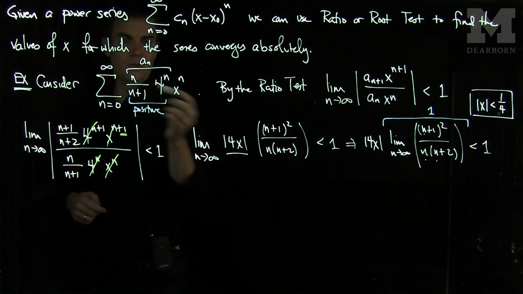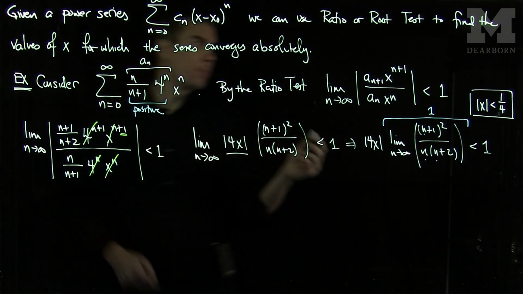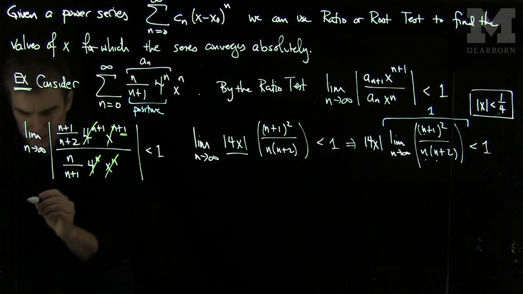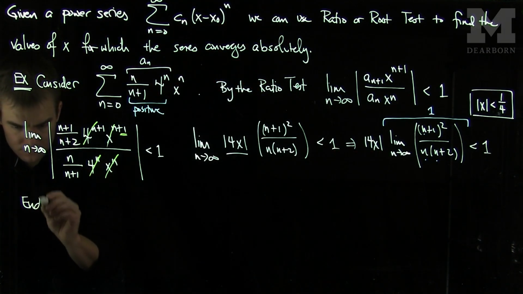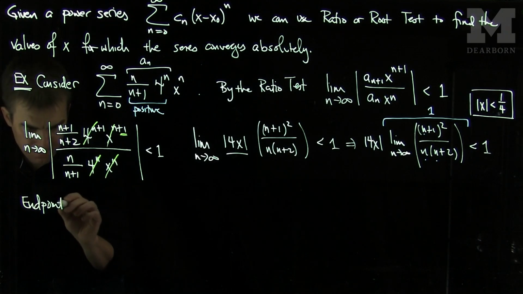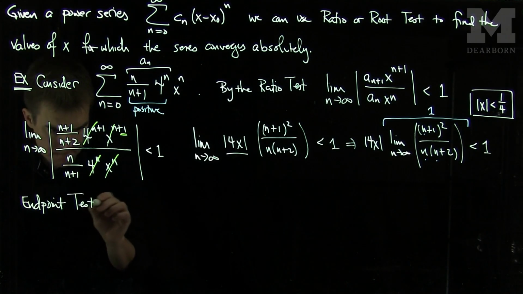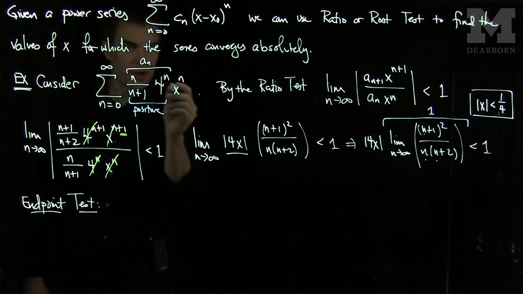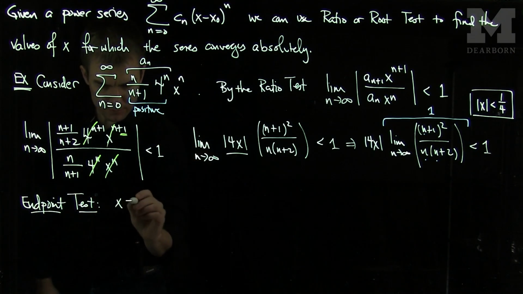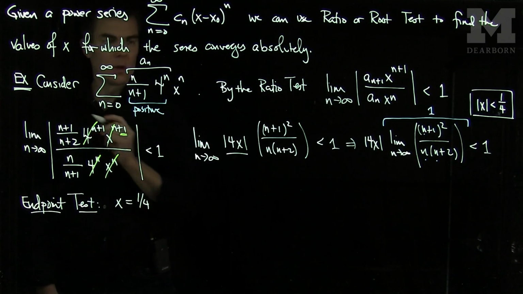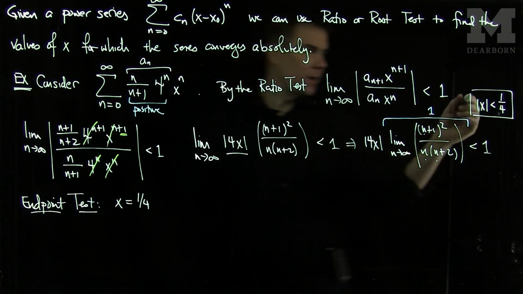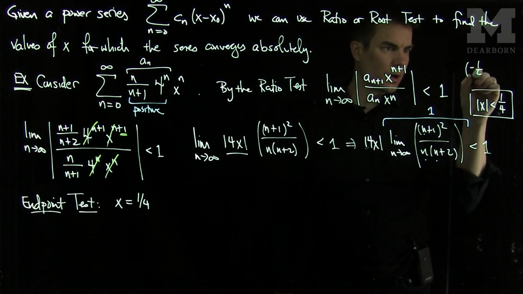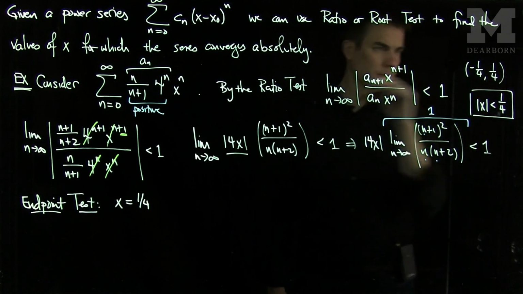Now, the other thing we need to do with these series is figure out whether the endpoints are included, so we do the endpoint tests. If we plug in x equals 1/4, that's the endpoint of this interval, because the interval can be written as negative 1/4 to 1/4.